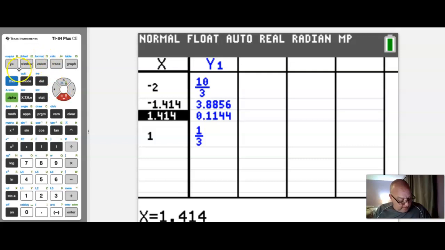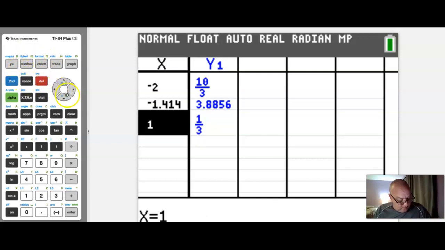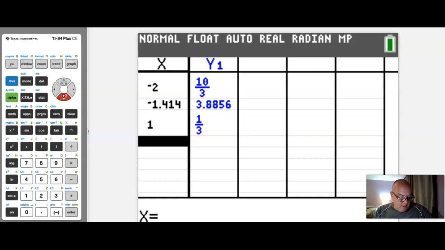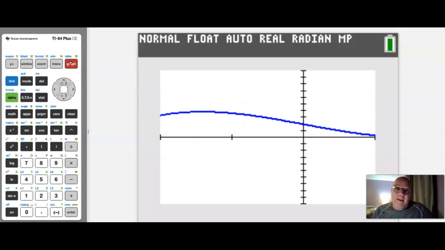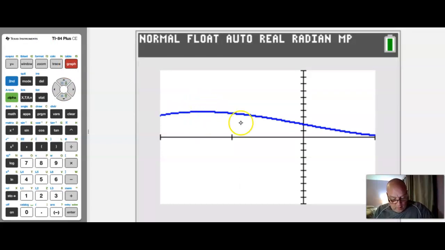This is no longer part of the domain, because again, positive 1.414 is greater than 1. So I didn't realize that till I looked at my graph, right? So now we can see there's a max at -1.414, but the minimum, I should say absolute max, the absolute min is at positive 1.